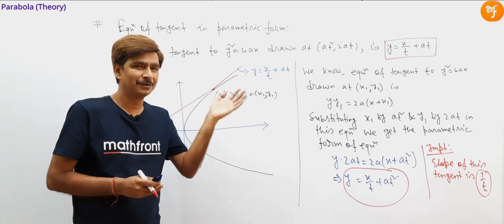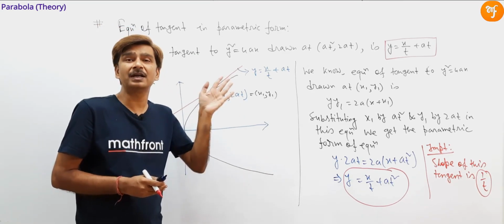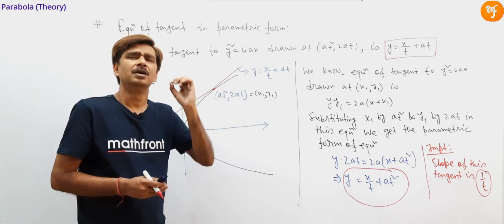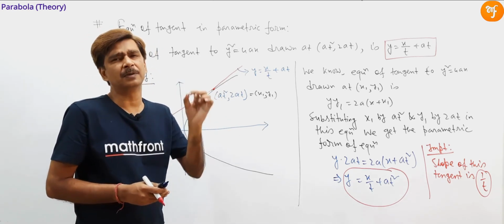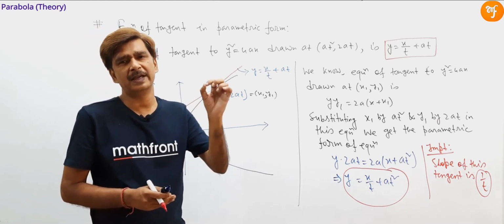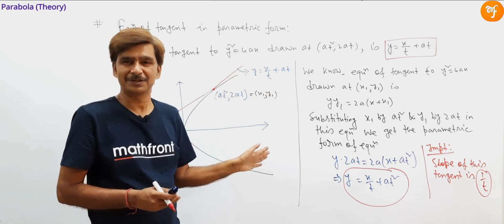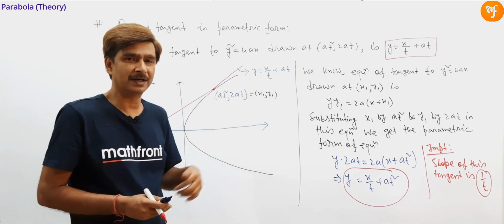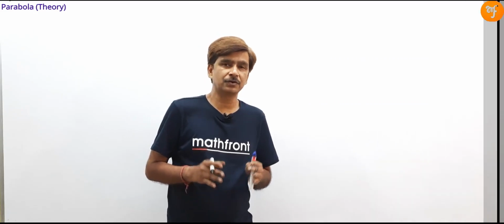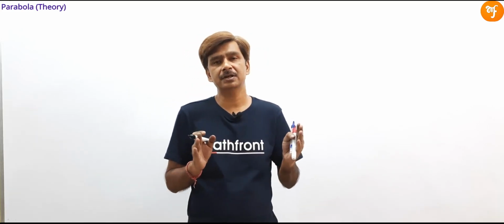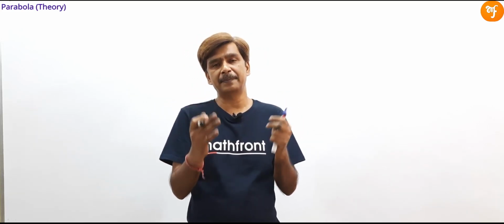Okay, now we'll discuss the alternative definition of the directrix of the parabola, or we'll show the locus of the point of intersection of any pair of perpendicular tangents to the parabola is the directrix. So friends, now we are discussing the locus of point of intersection of a pair of perpendicular tangents to the parabola.